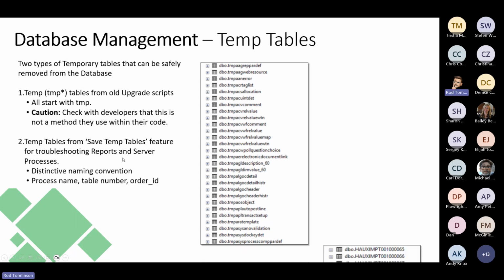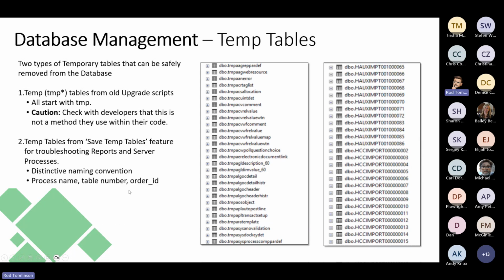Second, in the temporary table area, within Unit 4 CentralCommand, if there's an opportunity for you to click on Save Temp Tables, that's a feature when you're running a process or a report and you need to troubleshoot something. If you click on the Save Temp Tables feature, it will save them in this naming convention over here, as you see on the right.